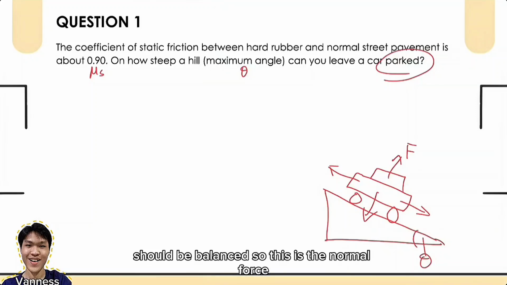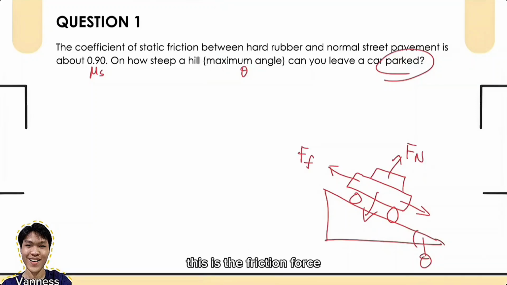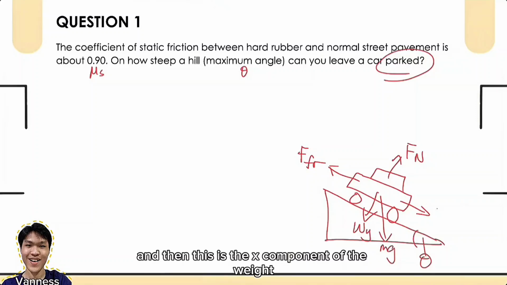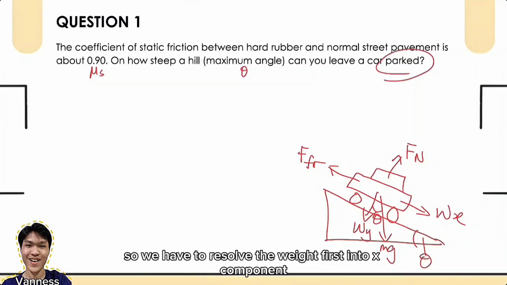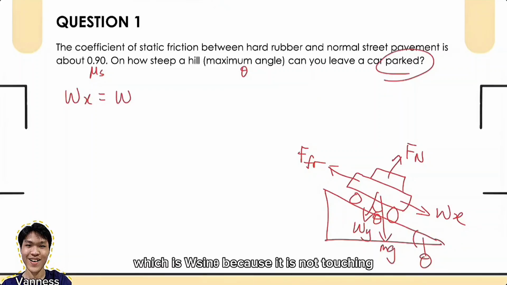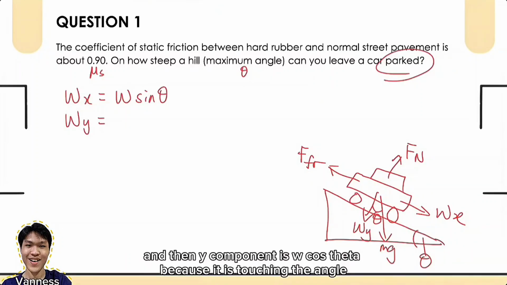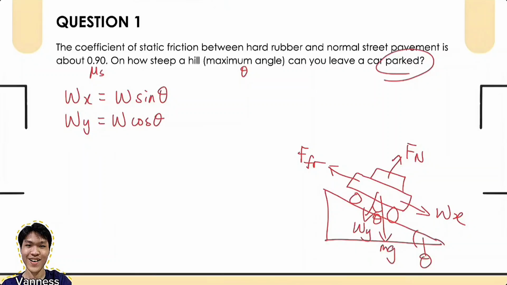So this is the normal force, this is the frictional force, this is the y component of the weight. This is the weight, by the way. And this is the x component of the weight. The angle is here as well. We have to resolve the weight first into the x component, which is w sine theta, because it is not touching the angle, and the y component is w cos theta, because it is touching the angle.